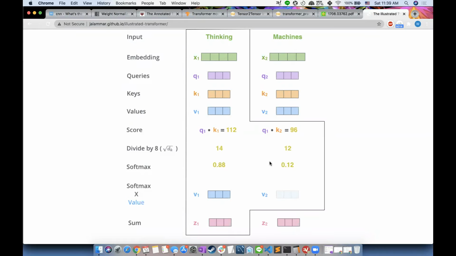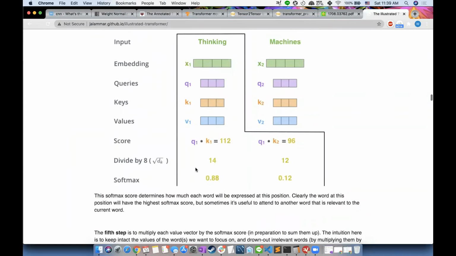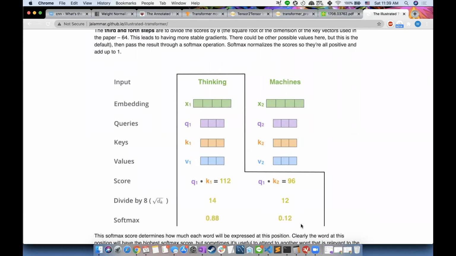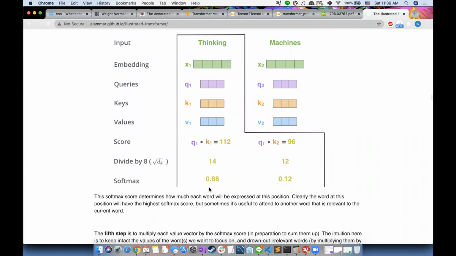Okay, great. And we just softmax it, right? Softmax basically just normalizes that with the exponentiation function and gets probabilities that add up to 1. In this case, we only have 2 words.